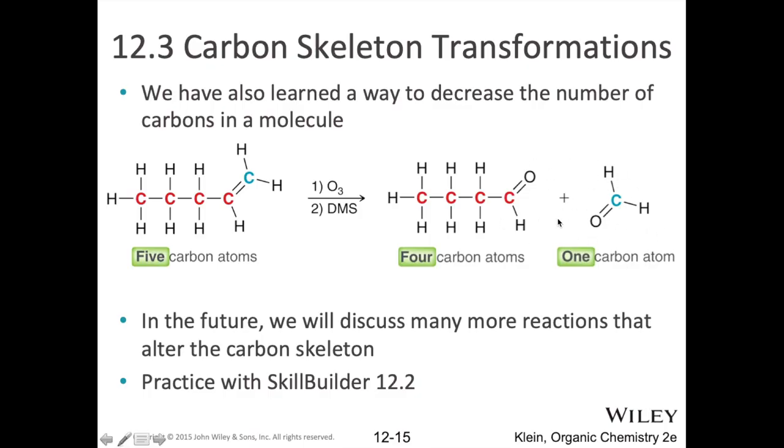In this case we've got aldehydes because there are hydrogens attached to these carbons. Of course, in the case of an alkyne instead of an alkene, we would get the corresponding carboxylic acid products, or carbon dioxide in the case of a terminal alkyne.